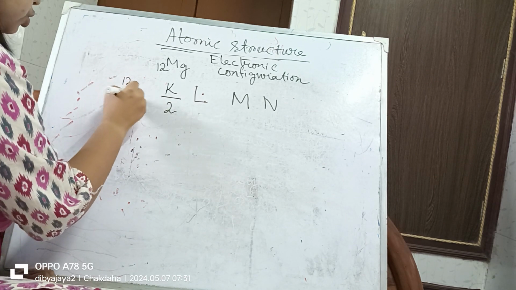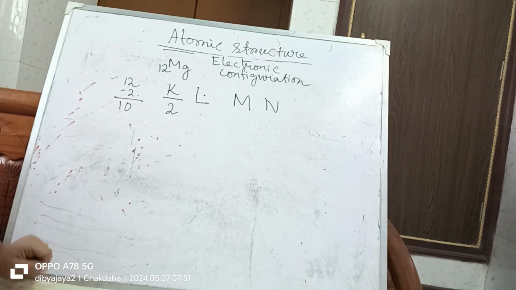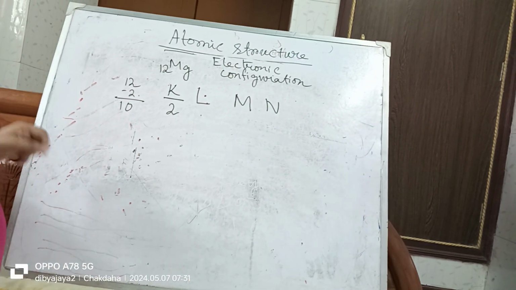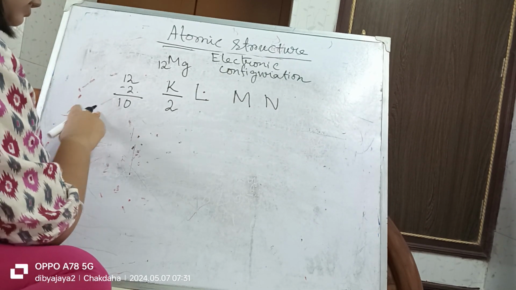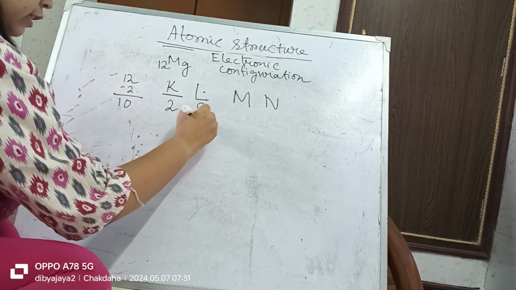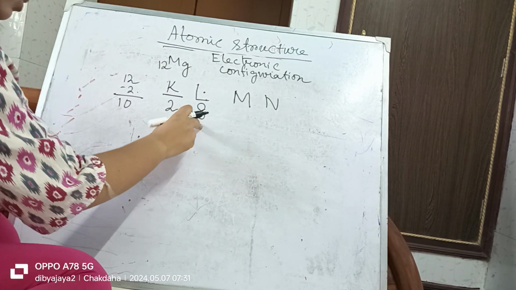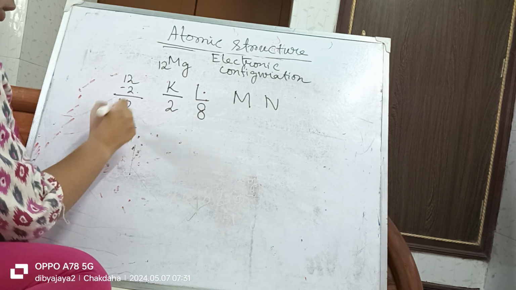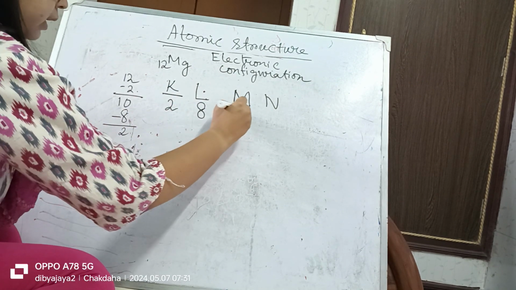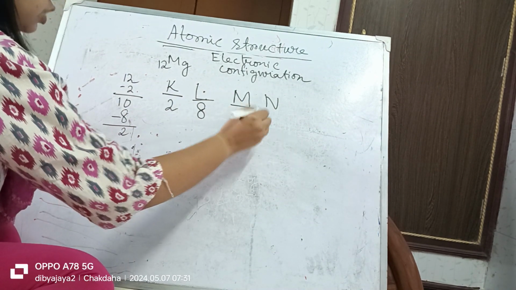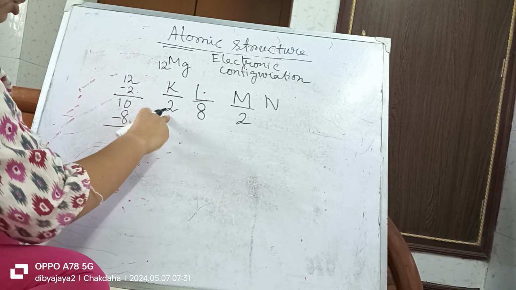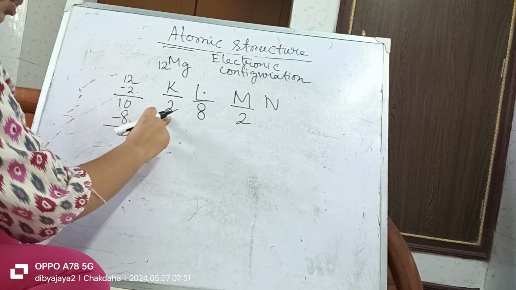So 12 minus 2, that is 10 electrons remaining. In the L shell there are 8 electrons, 8 electrons maximum can stay, so we put 8 electrons here. What is the rest of the number of electrons? That will stay in the M shell. So the electronic configuration of magnesium is 2, 8, 2.